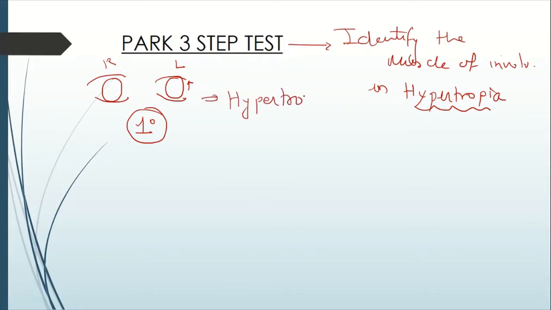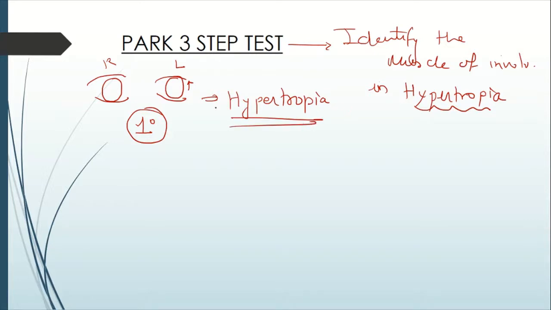If I consider two eyes, the right and the left, and I see that the eyeball on the left side is deviating upwards or is misplaced upwards in the primary gaze position, it is called hypertropia.